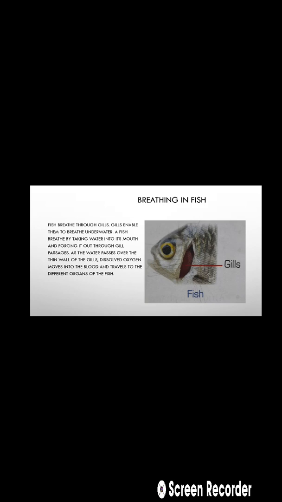A fish breathes by taking water into its mouth and forcing it out through gill passages. As the water passes over the thin wall of the gills, dissolved oxygen moves into the blood and travels to different organs of the fish, and then water comes out through the gills.